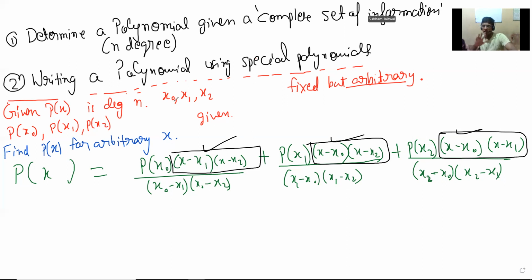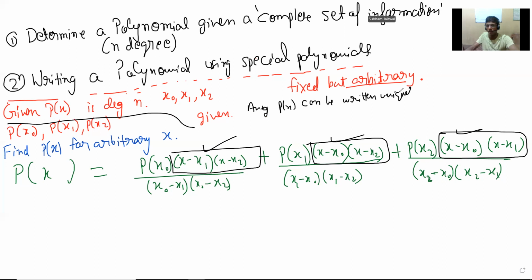So given a degree n polynomial, and given any n plus 1 points, any P of x can be written uniquely as a linear combination of the products of x minus xj over j not equal to i, where x minus xi is not present. Okay, so you understand that, right?